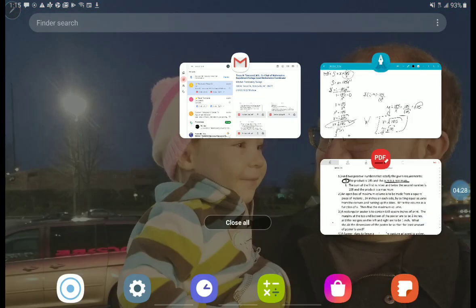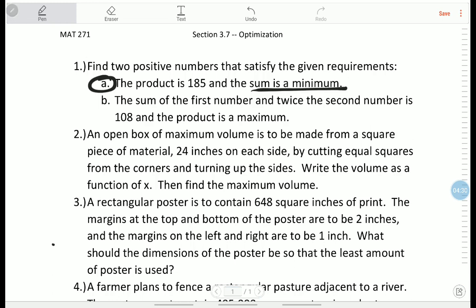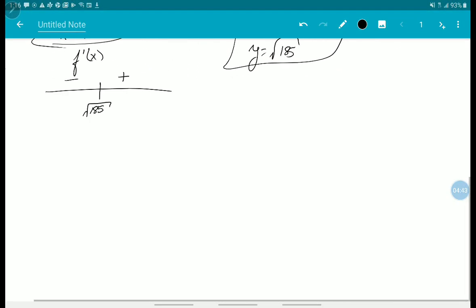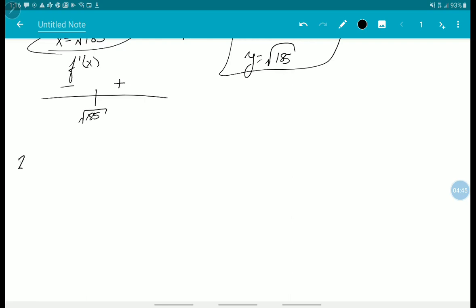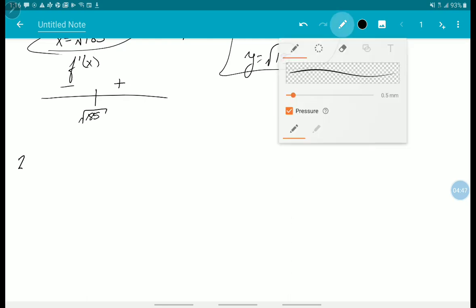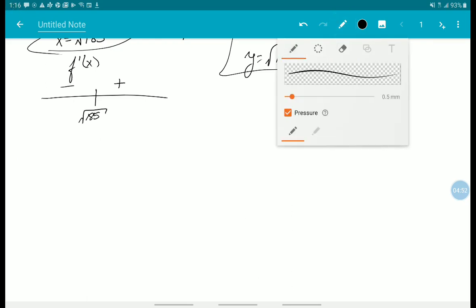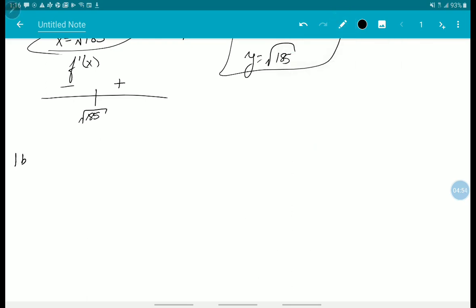Let's look at the second problem. In part B, they're telling us the sum of the first number and twice the second number is 108, but now we want to maximize the product. This is part 1B.